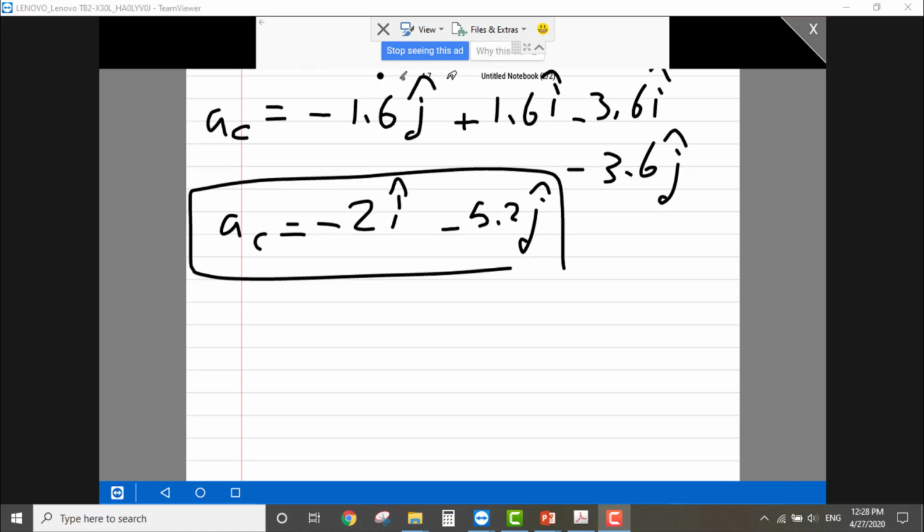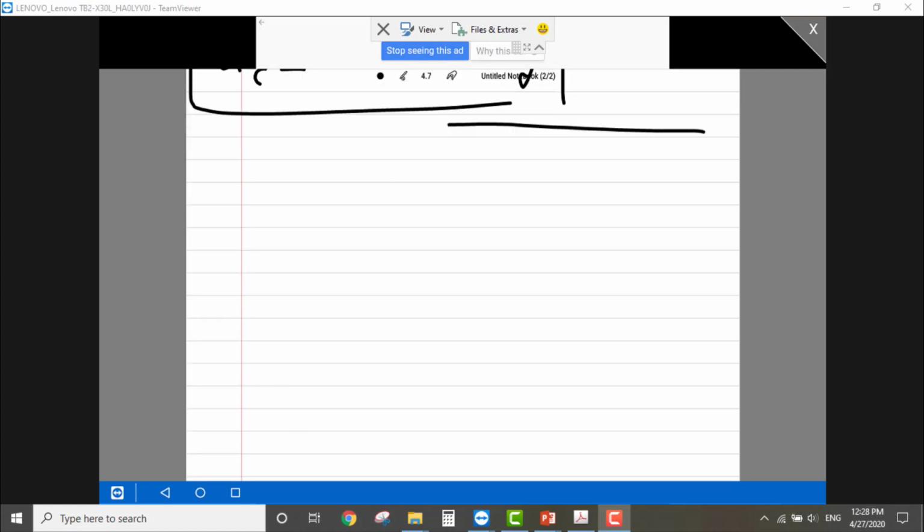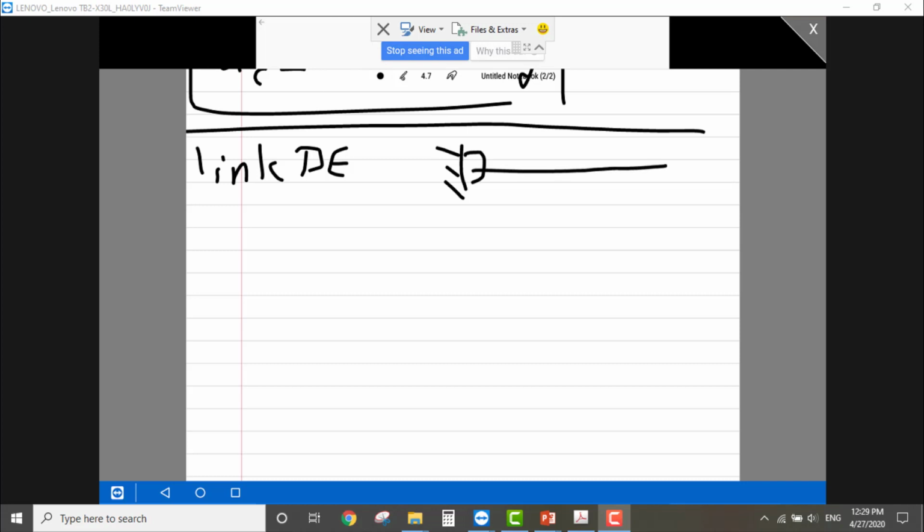Now we'll move to the other link, which I'll name link D E. But I will not draw the whole link. I will draw it until the corner in the slider. So here is the slider C, and here is D. The slider is freely sliding on this link.